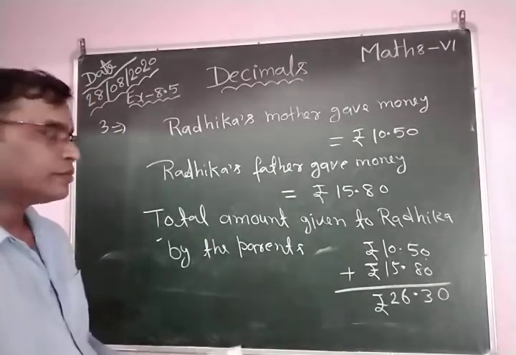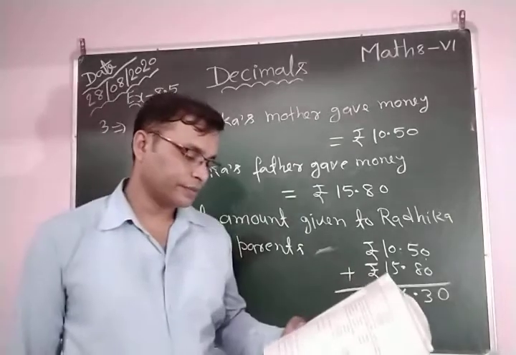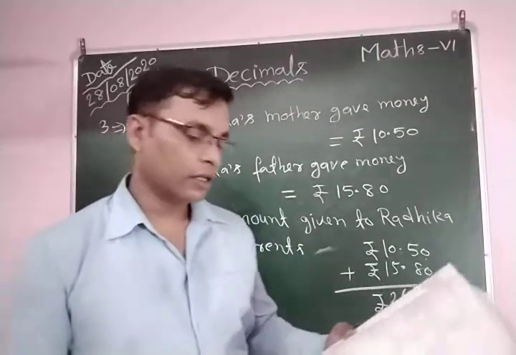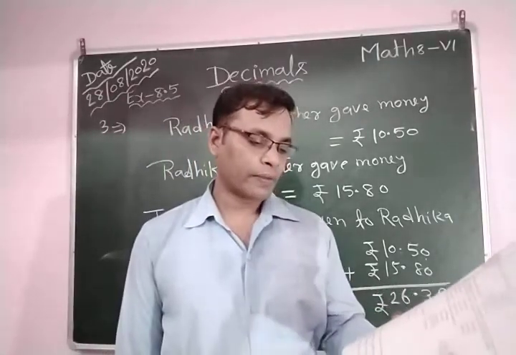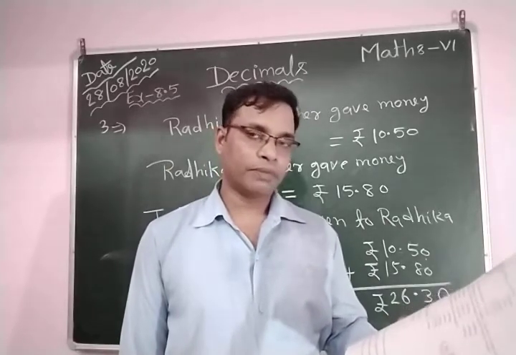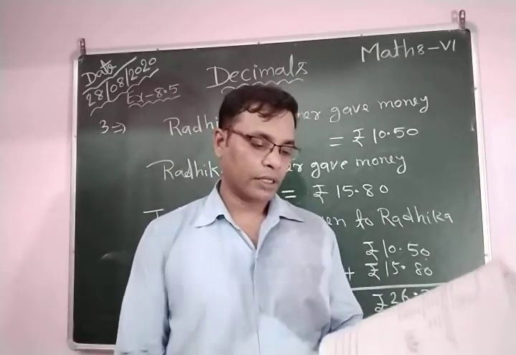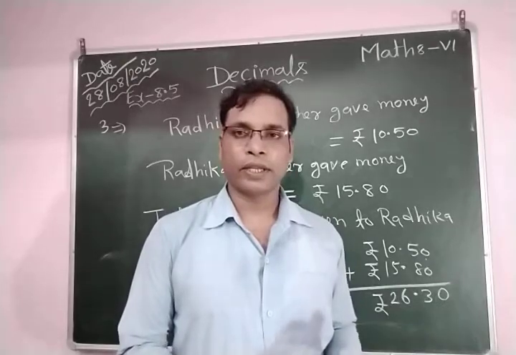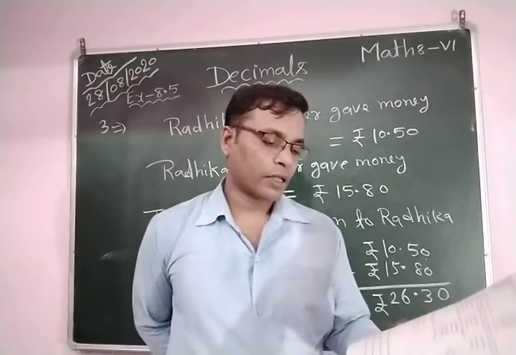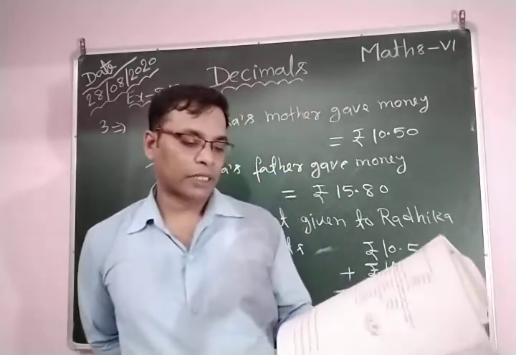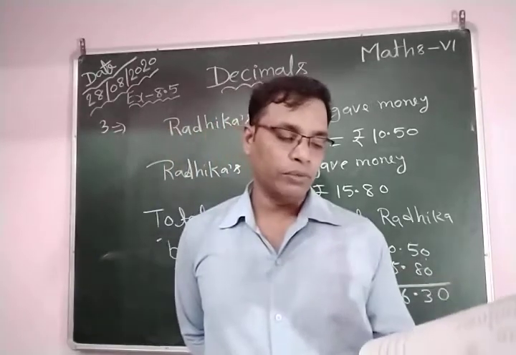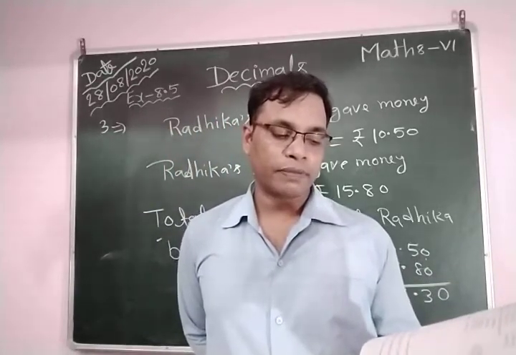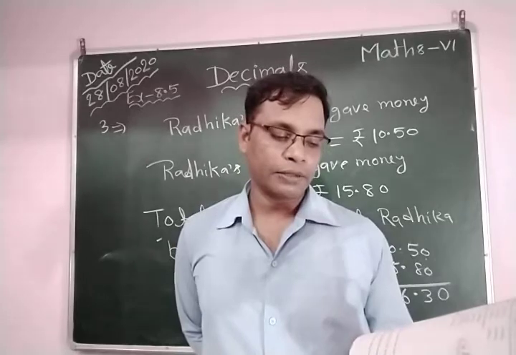Next question, question number 4. Nasreen bought 3 meter 20 centimeter cloth for a shirt and 2 meter 5 centimeter cloth for a trouser.